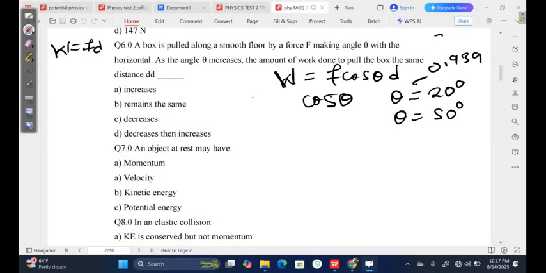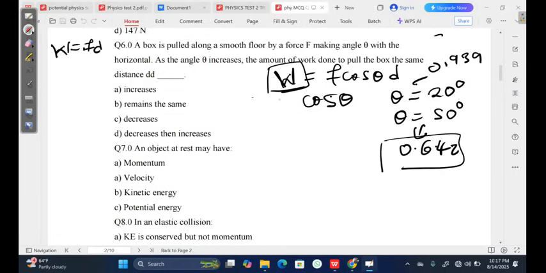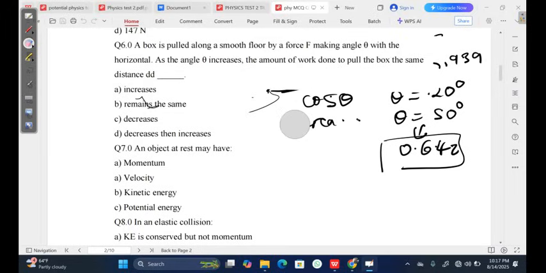Cos 50 is 0.642. So as you can see, when you increase the angle, the work should be reduced. These two are inversely related. So as we increase the angle, the work done decreases. So the best answer is C. Question 6, the answer is C.